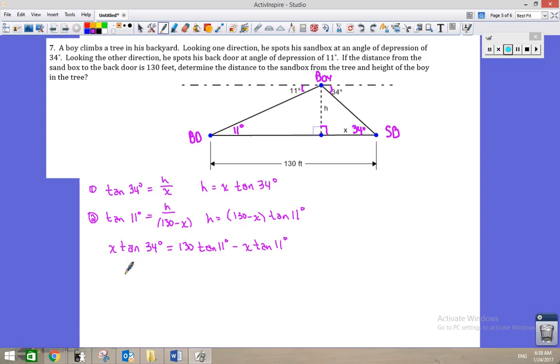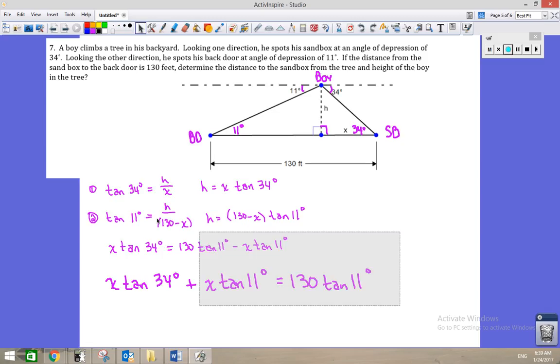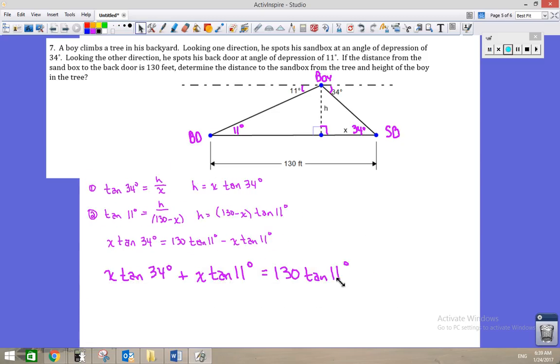Let's get the x's on the same side, so on the left hand side, by adding x times the tangent of 11. We'll factor a common x and then divide by that binomial.